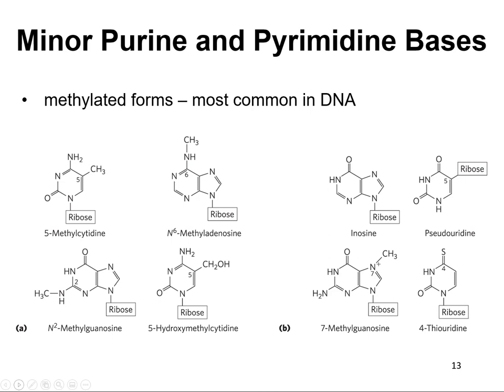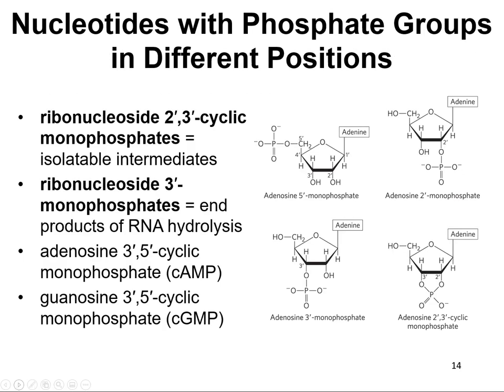There's also some minor purine and pyrimidine bases, and pretty much it's the methylated forms. You see methylation a lot in DNA. You don't need to memorize these, but just know that they exist. You can also have nucleotides with phosphate groups at different positions.